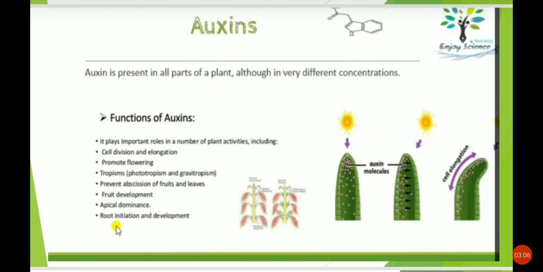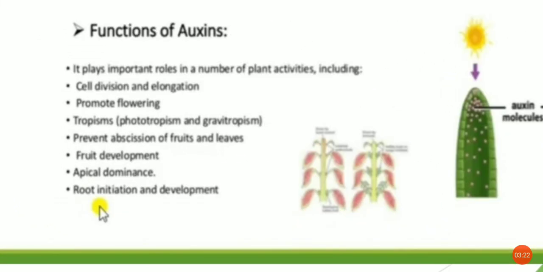Auxin is present in all parts of a plant, although in very different concentrations. Functions of auxins: it plays an important role in a number of plant activities, including cell division and elongation, promoting flowering, and tropisms such as phototropism and gravitropism. It also prevents abscission of fruits and leaves.